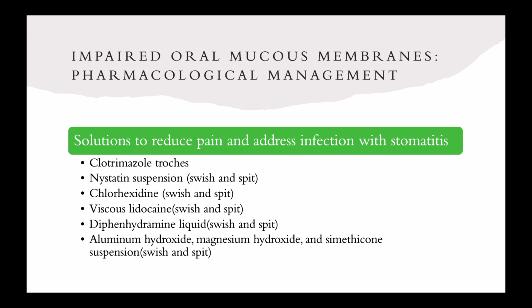Chlorhexidine can be used. I think the trade name for this is something called Peridex. We use this very commonly in the hospital to reduce the amount of microorganisms. It's an antiseptic mouth rinse. We use it pretty frequently, especially for patients who are on ventilators, just to reduce the amount of microorganisms inside the mouth that could lead to things like pneumonias.